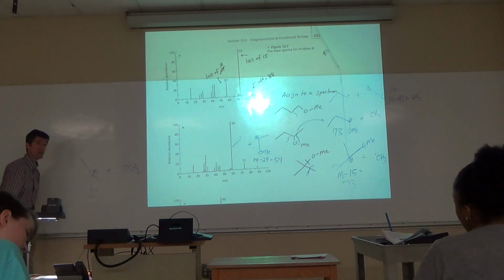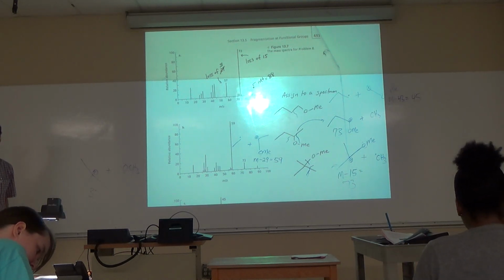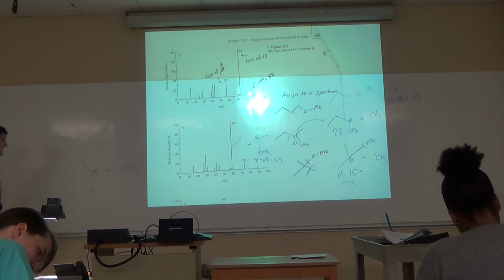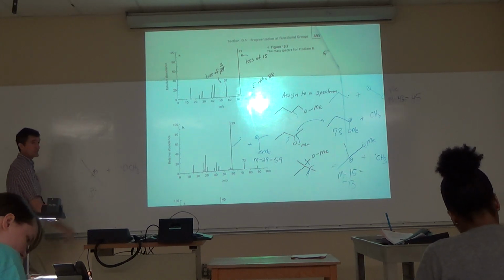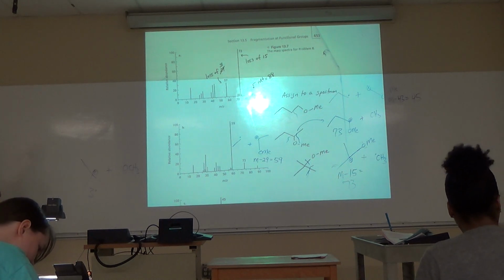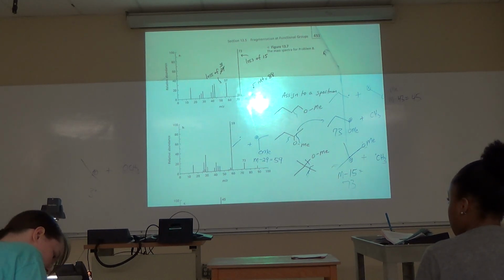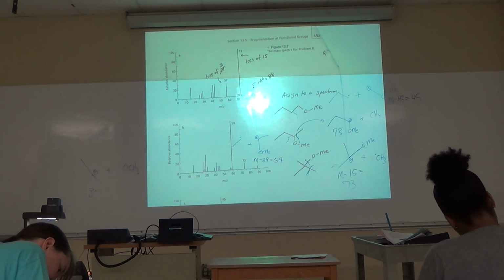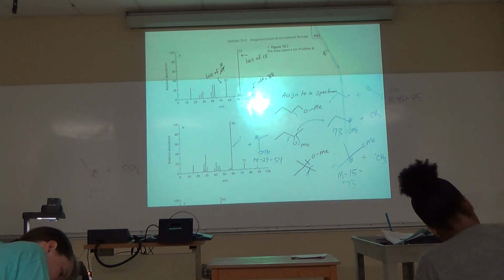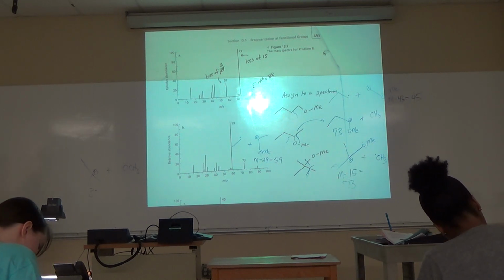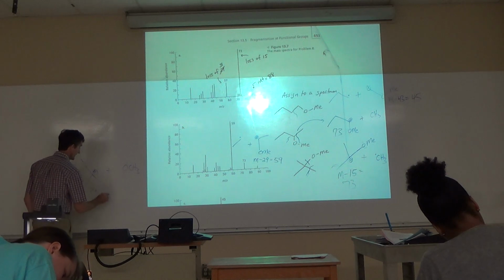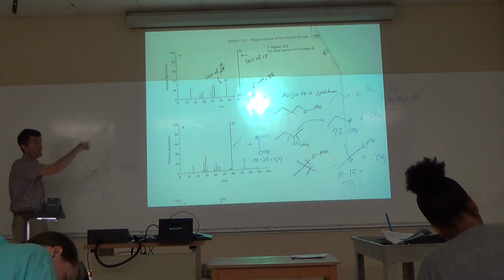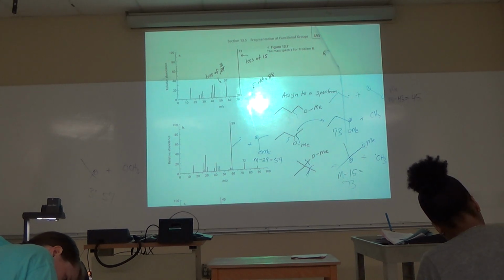It's a pretty darn good cation. It's not resonance stabilized, but it is tertiary. What's the mass of this? C4H9, which is what? 48 and 9? 57. Top spectrum has the additional peak at 57.